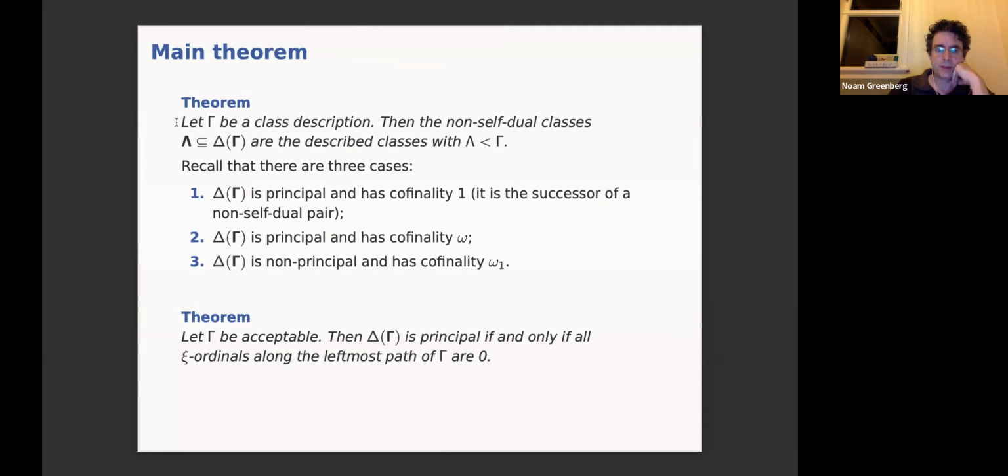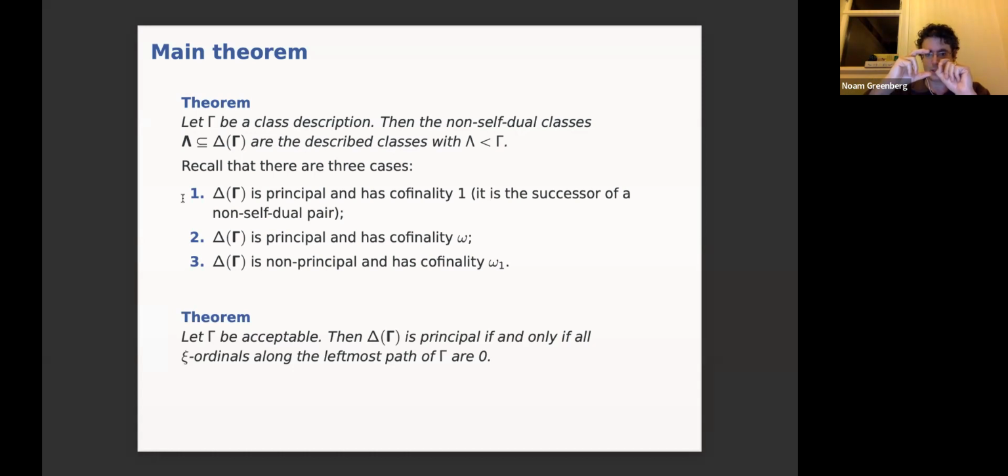So recall that these 1, 2, 3 are the various possibilities for delta classes, according to those pictures of the hierarchy that I put in the beginning of the talk. I have a gamma and a gamma dual, and below them, or to the left of them, lies the ambiguous class, gamma intersect gamma dual, delta of gamma.